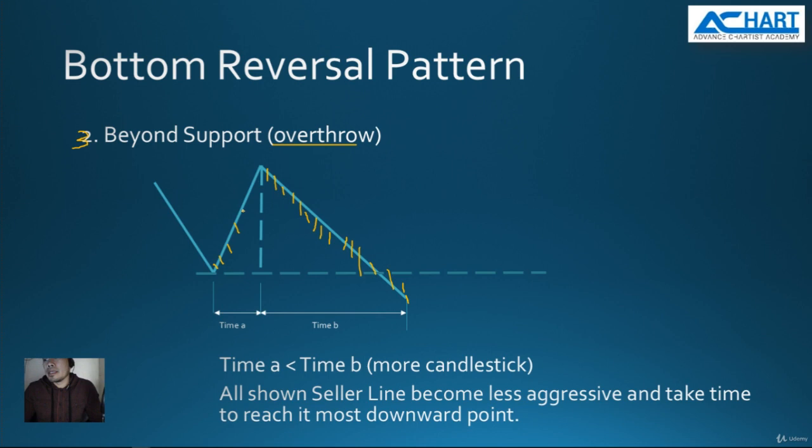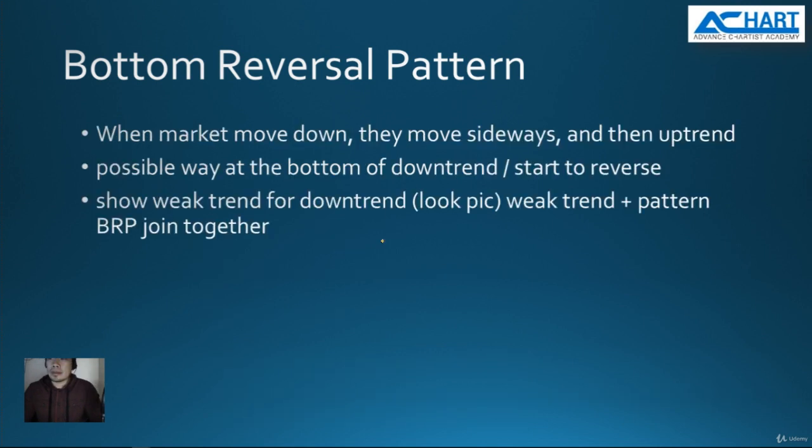When the market moves down, it actually moves sideways and then moves into an uptrend. There is a possibility that on its downtrend movement, it reaches its bottom and starts to reverse.